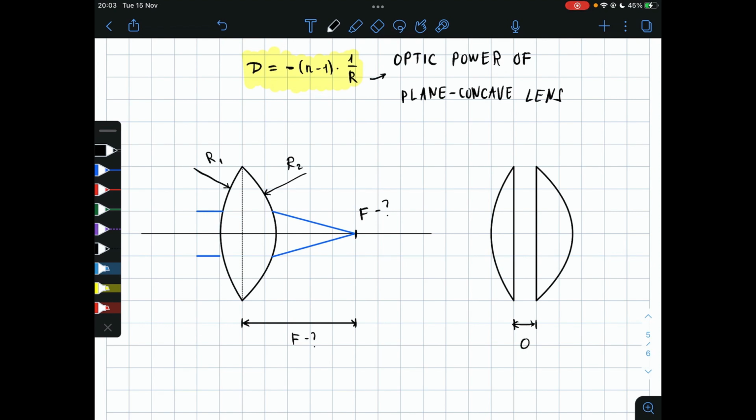We know that if we put two lenses very close to each other, their power will be summed up.